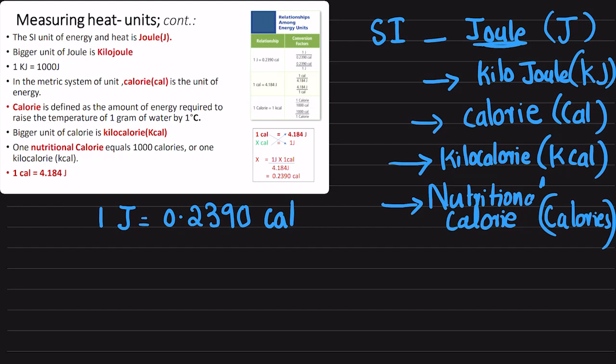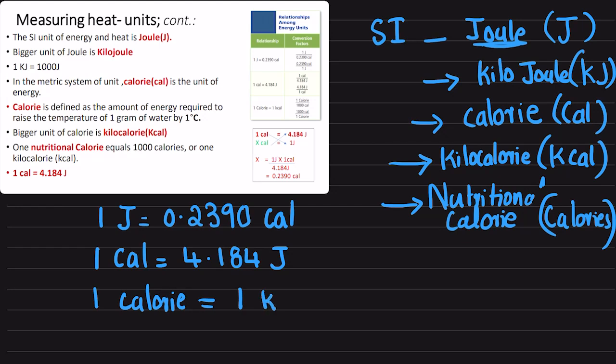Cal means calories. 1 cal is equal to 4.184 joule. 1 kilocalorie is equal to 1000 calories. This we need to know.